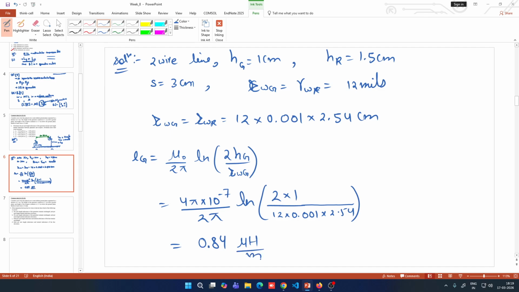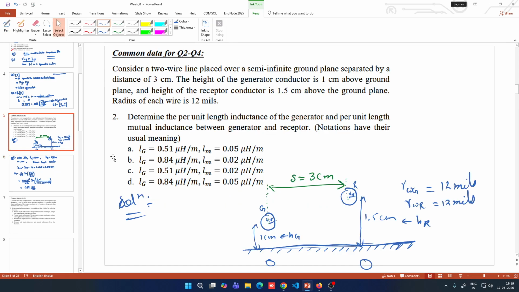microhenry per meter. And what I have seen in the options are so close, like 0.51. There is a high chance that if we do some calculation mistake, this can also come. That's why these options are written in such a way, because they know what kind of mistakes we can make in the calculation. Sometimes if we make a small mistake, we can get the answer as 0.51, and if we see this is already there in the option, we will think that this is correct.